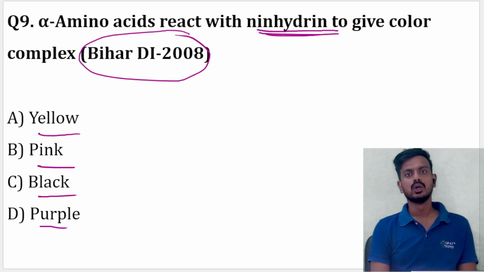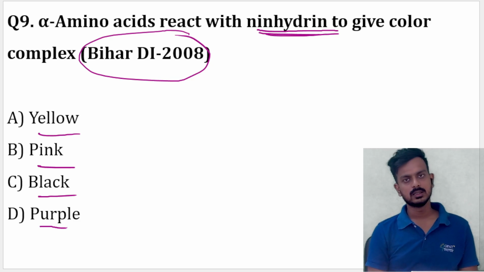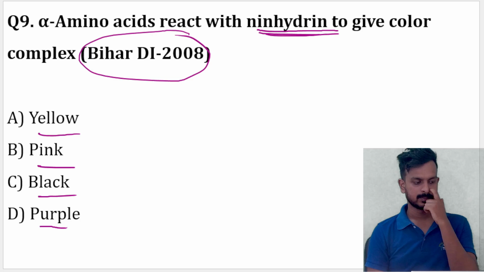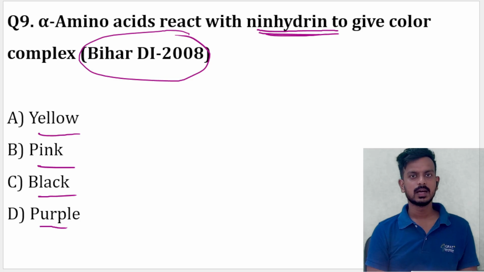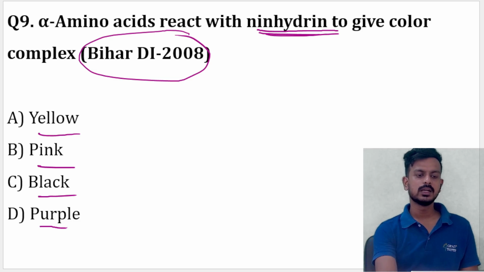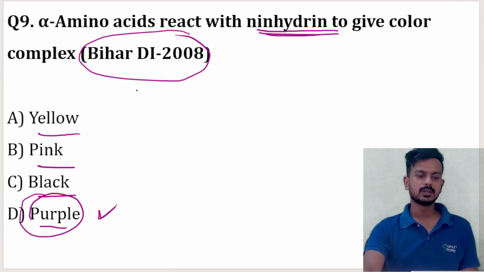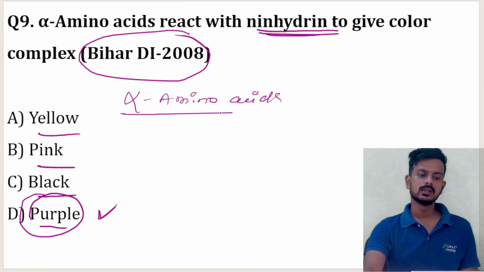Whether it is yellow, pink, black, or purple. It gives purple color. Okay. Ninhydrin test is for the detection of alpha amino acids.